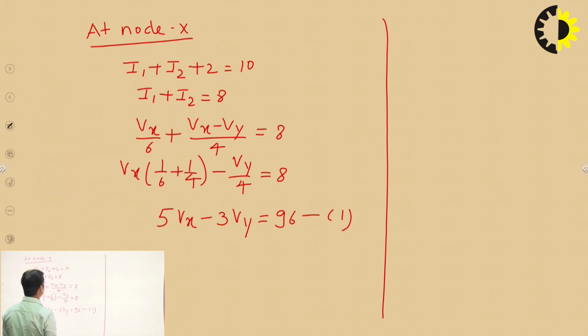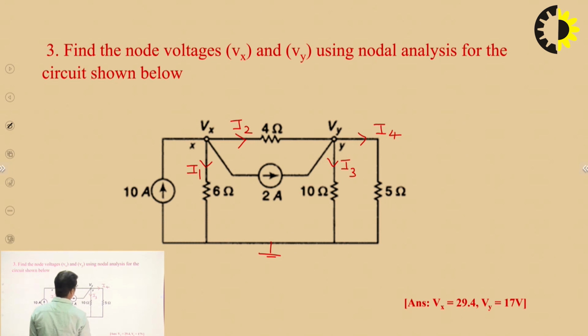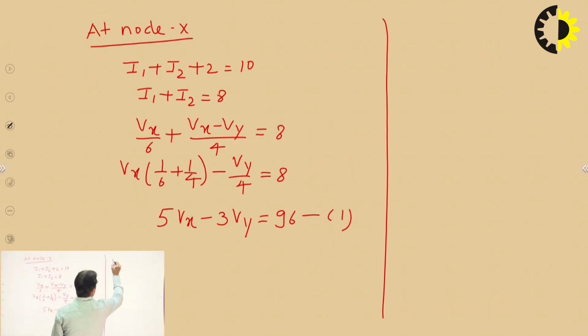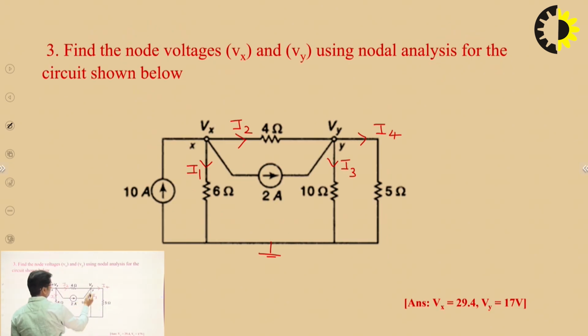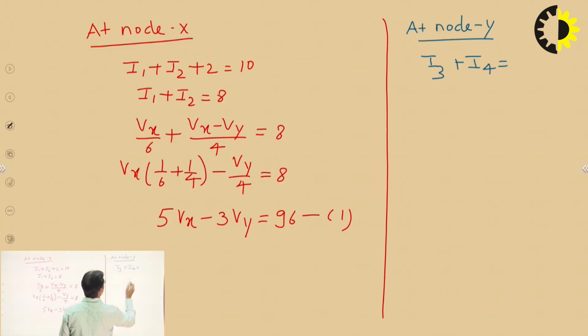Okay, first equation. At node Y, the currents I3 and I4 are the outgoing currents, and I2 and 2 ampere is the incoming current. So I3 plus I4 is equal to I2 plus 2.